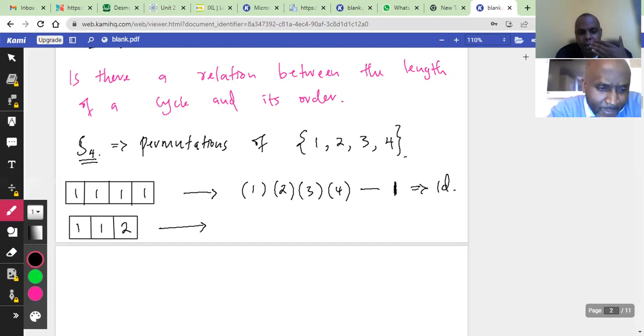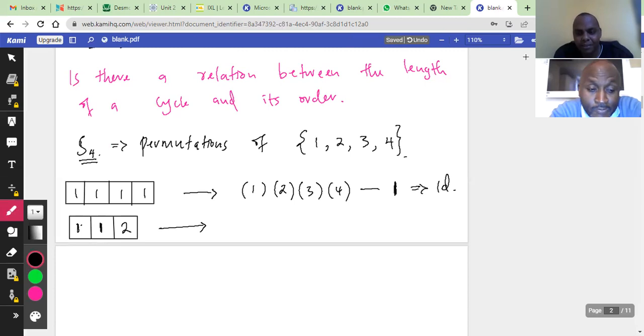Here I have 3 boxes because I want to permute 2 numbers out of the 4.